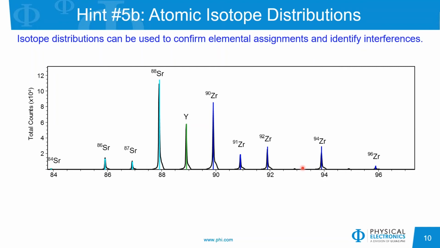I would add, just as a precaution, in the isotope tool in the software, you can only do one set of elements at a time. So you would see either the strontium or the zirconium or the yttrium. It wouldn't give you all three of these calculated distributions at the same time.